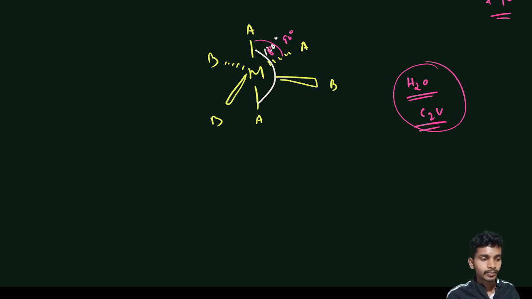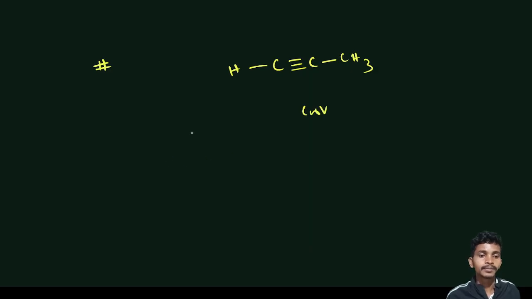Okay, so some more special things we will discuss. Let's say if the question is given like C, and CH3, and says that H, what is the point group? For this case, this is C infinity. And if the question is simply given that CH3H, so what is the point group?